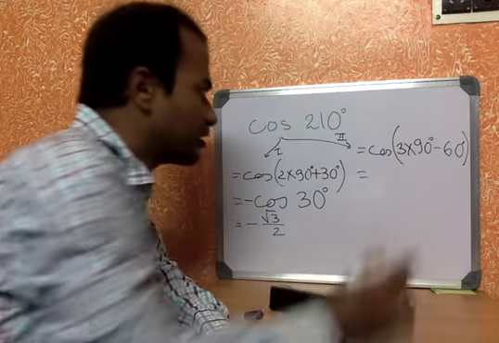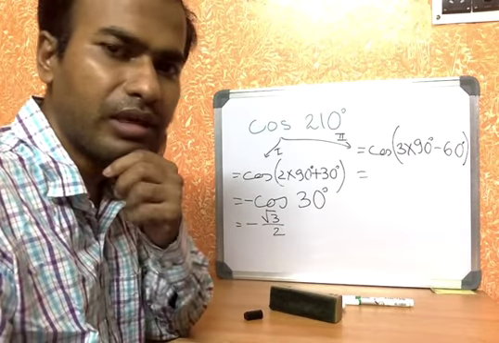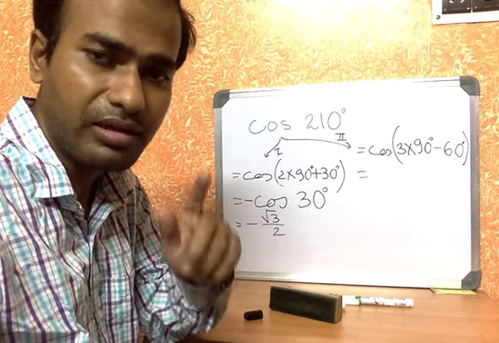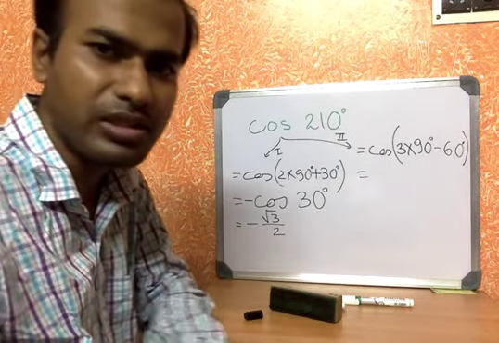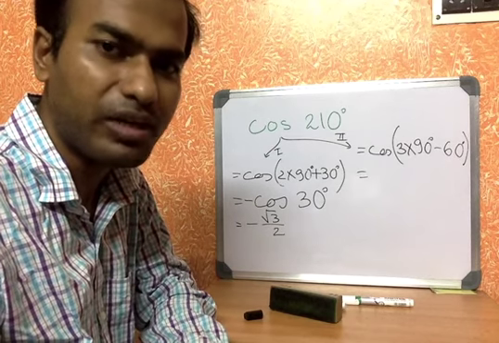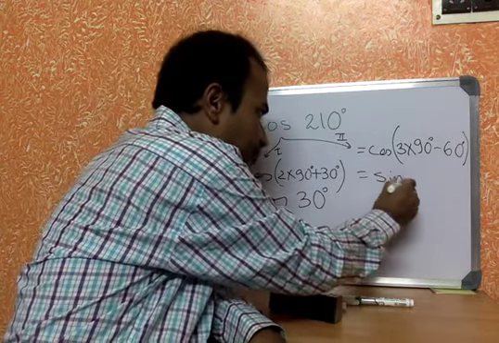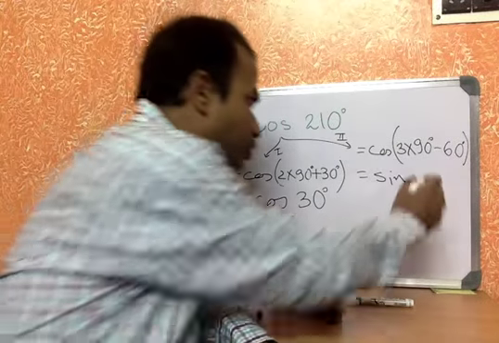Now in this method 90 is multiplied by 3. If 90 degree is multiplied by any odd number, then the trigonometric ratio will change to its corresponding complementary trigonometric ratio, in this case sine. Whether it is minus 60 or plus 60, here it will be plus 60 only.